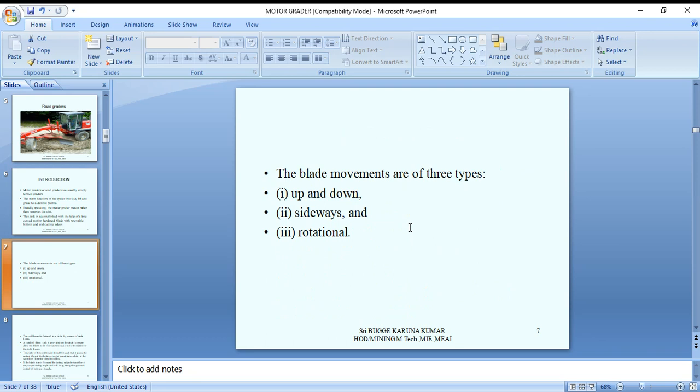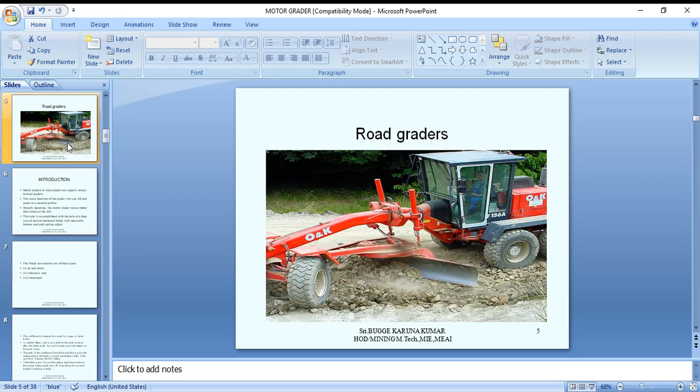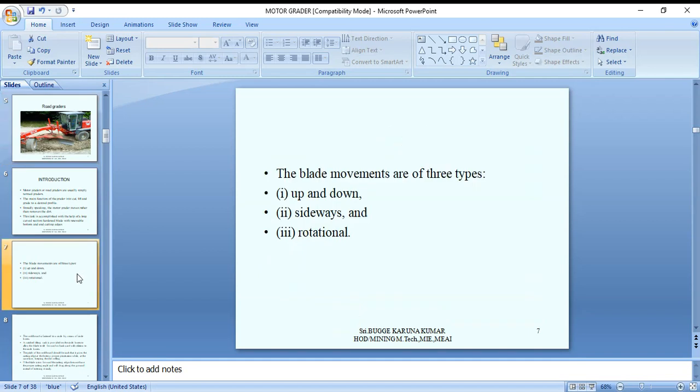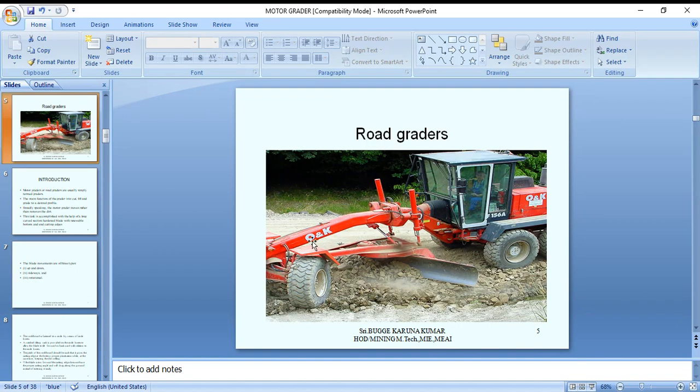The blade movements are of three types: up and down, sideways, and rotational. The blade movements are clearly shown here: up and down, sideways, and rotational. You can observe this is up and down, and then sideways, it can come completely sideways if possible.